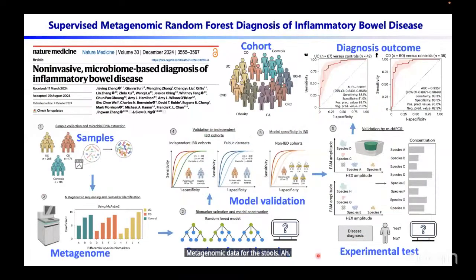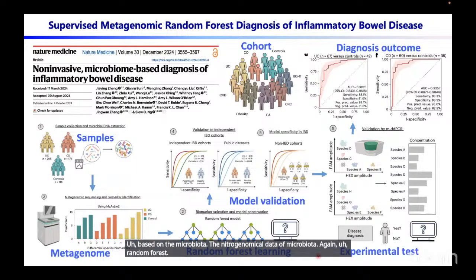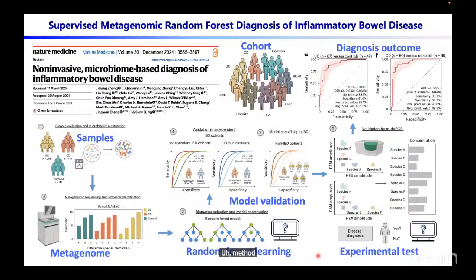Okay, so here is an example published last year in Nature Medicine. Its task is to diagnose inflammatory bowel disease based on the metagenomic data of the microbiota. Again, the random forest method was employed for developing this diagnosis machine learning method.